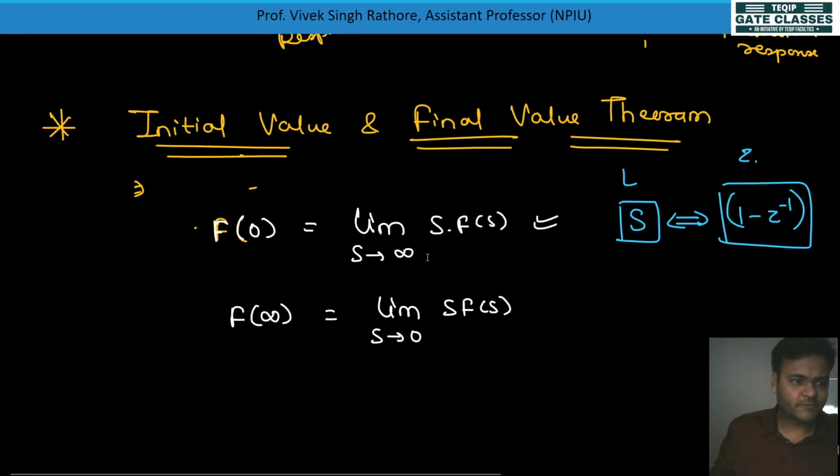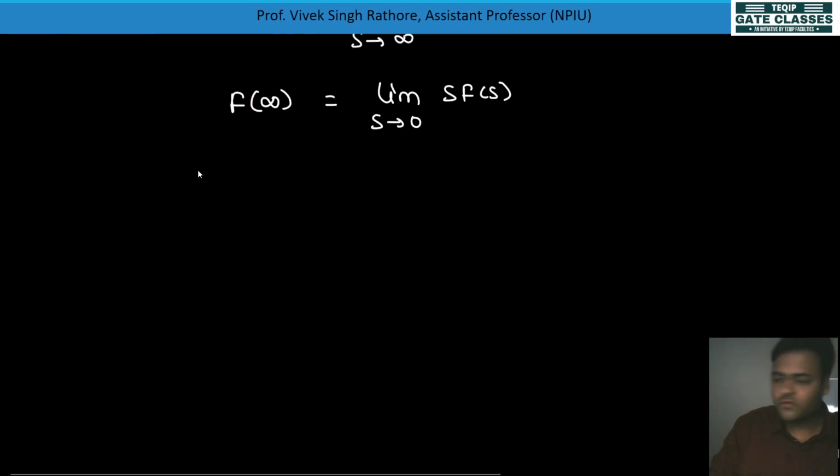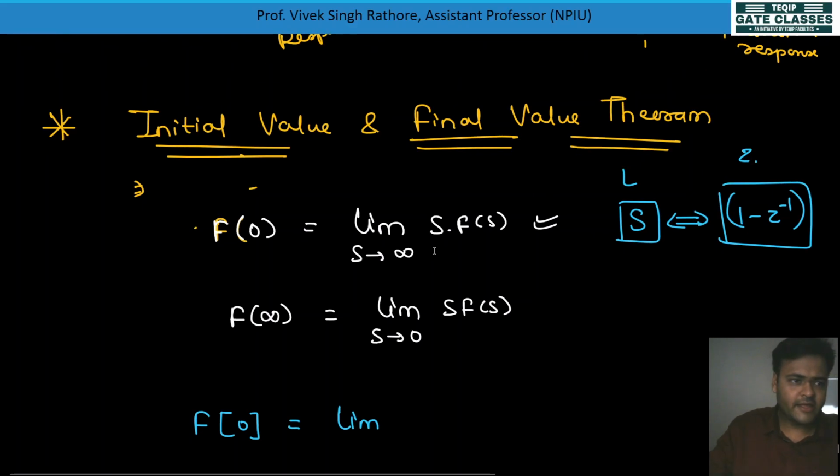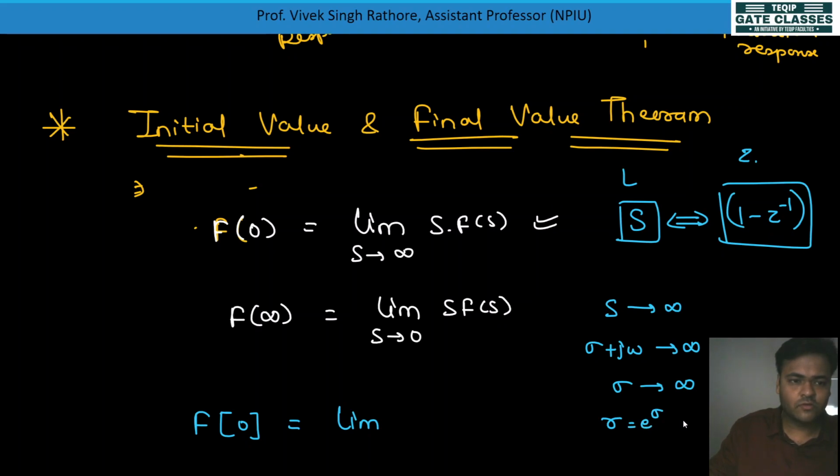So this is the initial value theorem and final value theorem in the s domain. f(0), the initial value, is the limit where s is tending to infinity. It means sigma plus j omega is tending to infinity, so sigma is tending to infinity, and r equal to e to the power sigma is also tending to infinity.